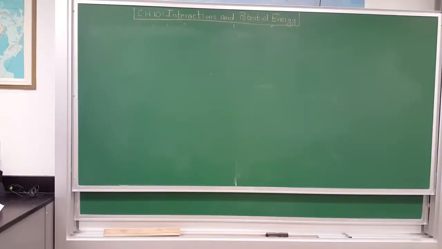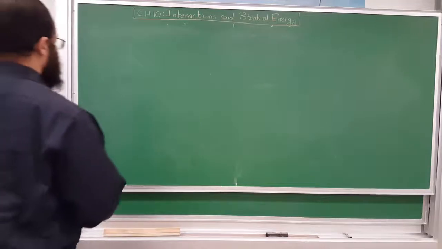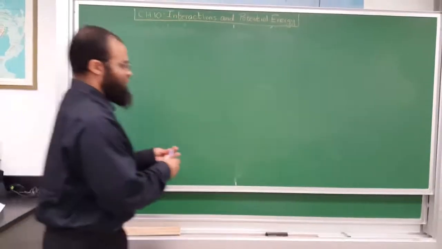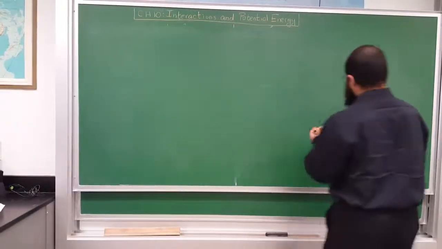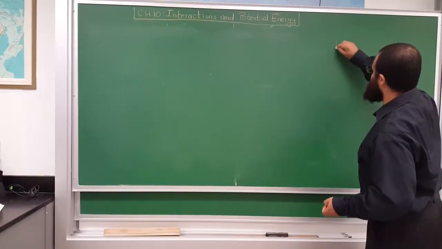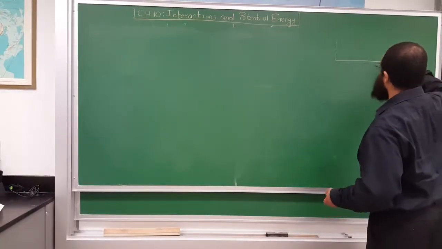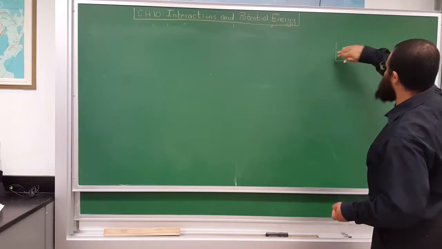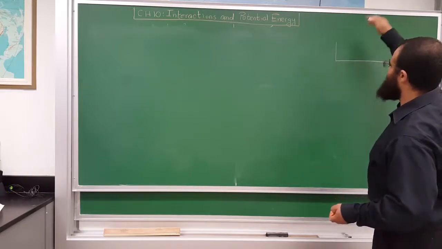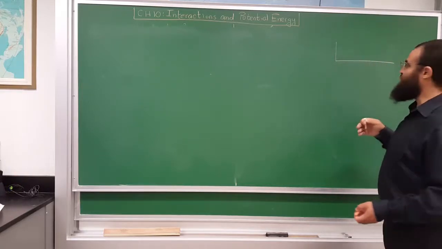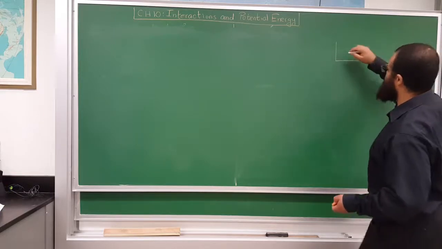Okay, the next thing I want to discuss, the next potential energy that's fairly common, is the potential energy due to the interaction between a mass and a spring. So here is how it looks. If you have a mass on a spring, it will look like this. It could be vertical, it could be horizontal. We first oriented horizontally so that the motion is horizontal, and we don't have to worry about vertical motion and the interaction with the gravitational force.